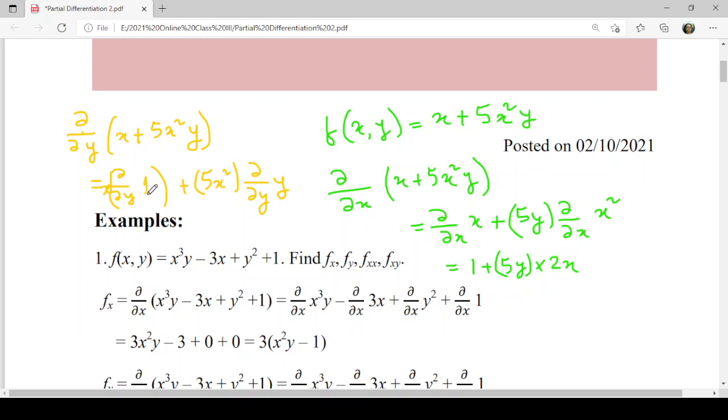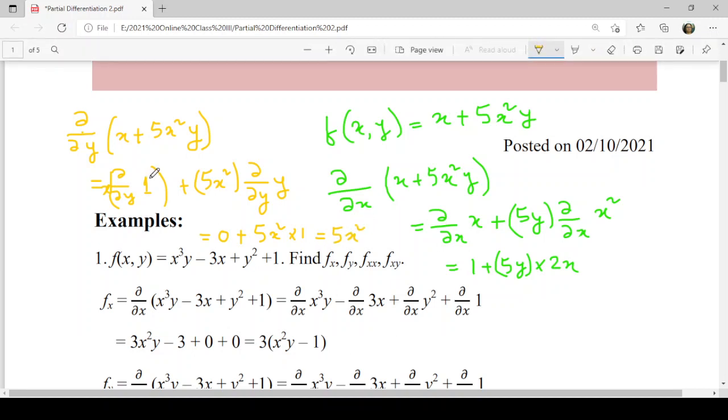Because it is constant, this is 0, and x into 0 is 0, plus del y of y is 1, so 5x square into 1. So ultimately the partial derivative is 5x square. Very simple, we have to do it like this.